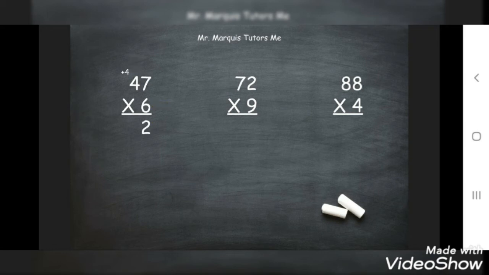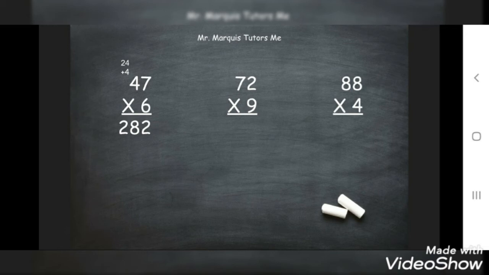I write the 2, carry the 40 because it's going over to the tens place. You have 4 tens that need to go over to the tens place. Now we'll multiply this 6 times 4 and then add that 4. So we have 6 times 4, which is 24, plus the 4 is 28. So I have 282 as the first answer.